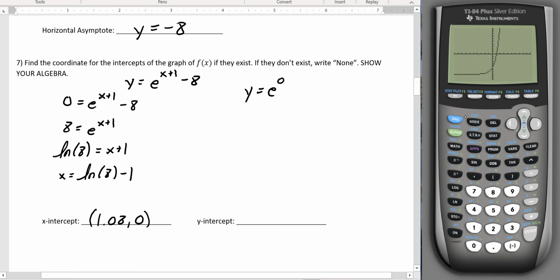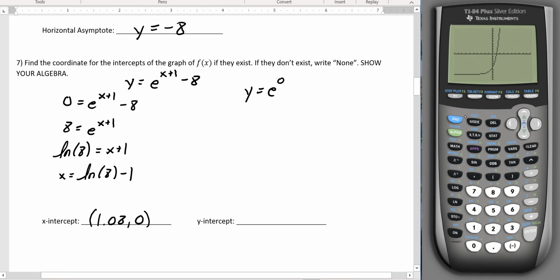So e minus 8. I'll do e, which for this case I'll do second division, minus 8. And hit enter. Negative 5.28. So, of course, I'll write it as a coordinate pair, 0, comma, negative 5.28. And there are our intercepts. Very good.